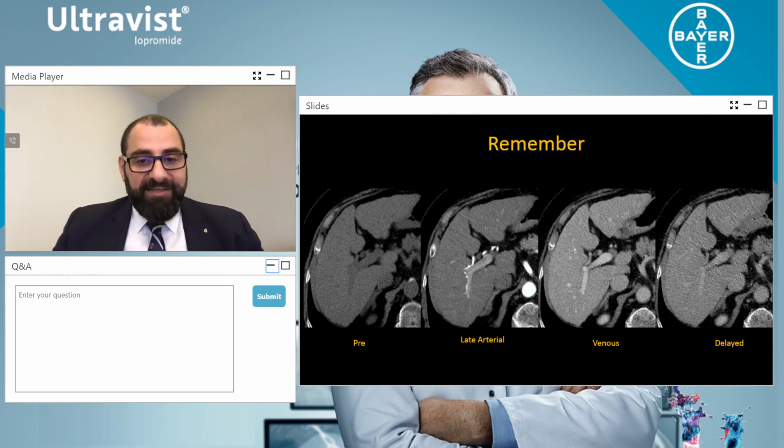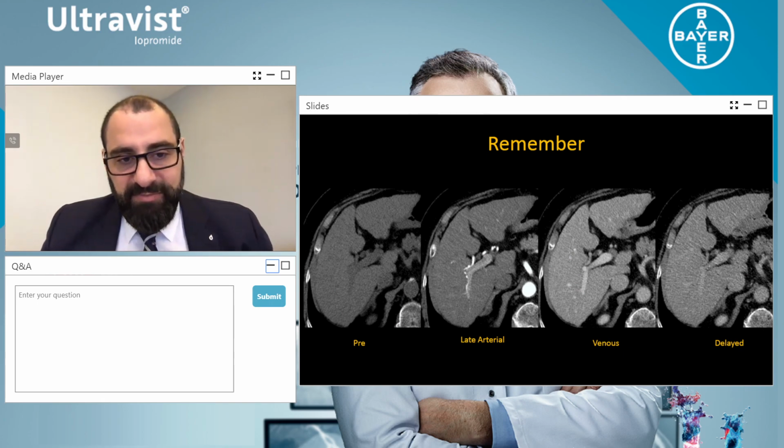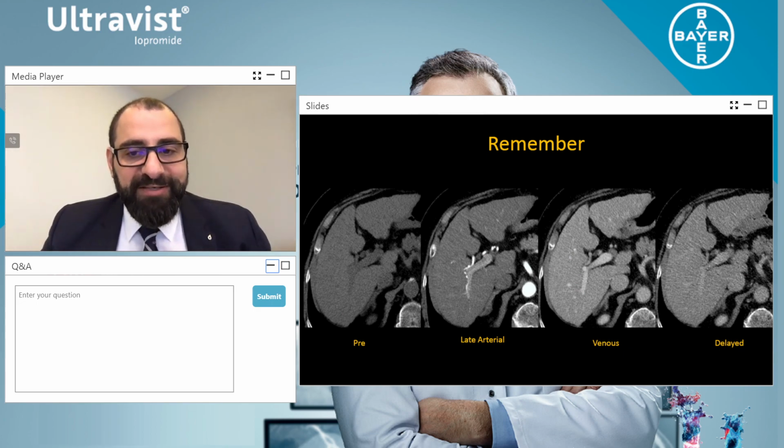In the late arterial phase, I've got good intensity or density of contrast within the hepatic artery and a little bit of contrast in the portal system. And you can actually see there is good distribution of contrast throughout the liver. When I go to the venous phase, my arterial system has completely washed out and I'm in pure portal venous phase.